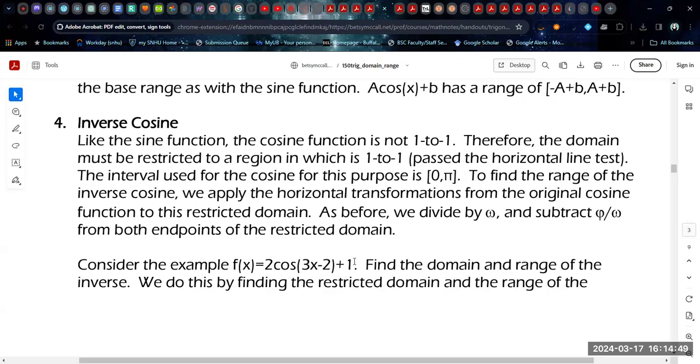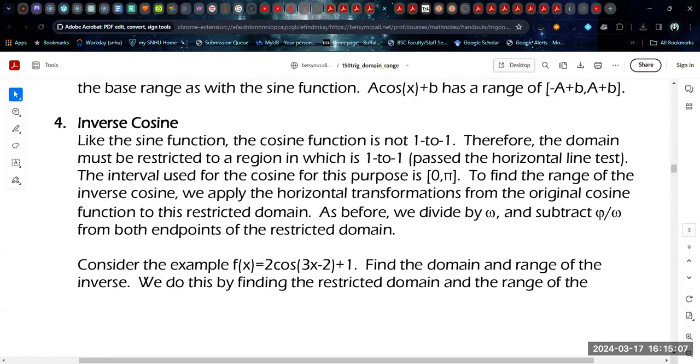So again, transformations only affect the range of the cosine, but they affect both directions in the domain and range of the inverse.